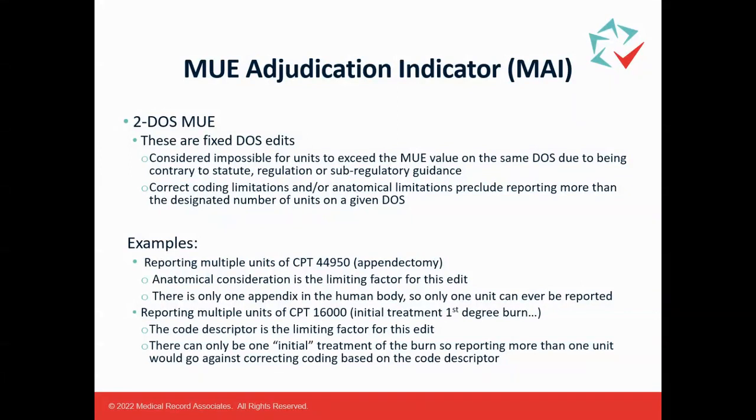Reporting more than one unit would go against correct coding based on the code descriptor. Of course, in this section of the CPT book, there are additional codes for those subsequent treatments. But to bill this initial treatment, you are limited to one because the code descriptor is the limiting factor in that example.